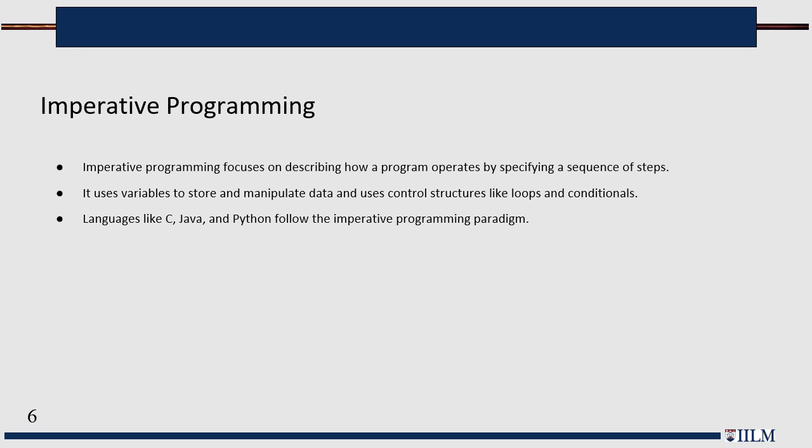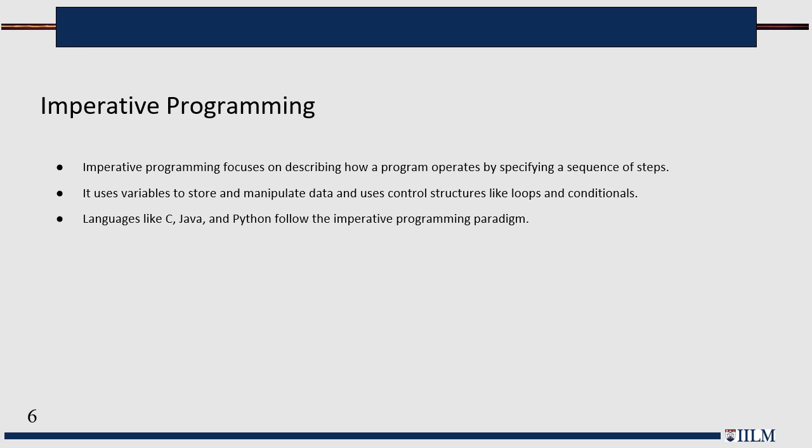If we consider a small subset of imperative programming, where we consider the different control structures, loops and conditions in a bulk of code, then it becomes procedural programming.